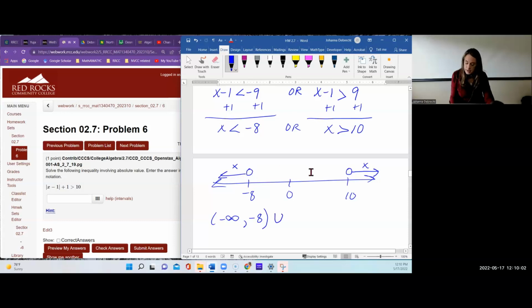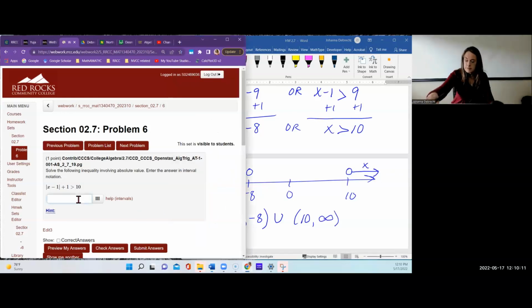Union, pick up again at 10, and keep moving to the far right to infinity. Use an uppercase U for the union symbol. Union is set notation for and.